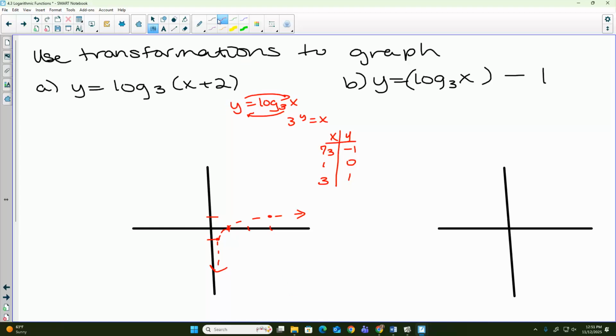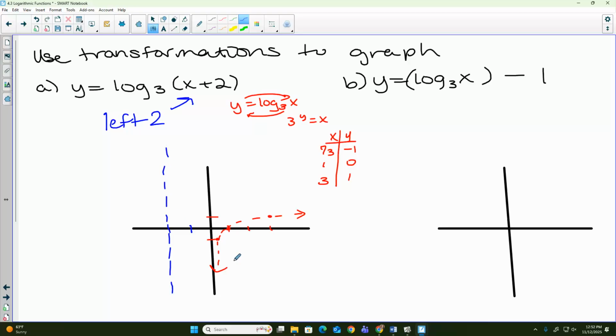What is my transformation here? What does +2 do? Inside is x, does the opposite, so we go left 2. If I move left or right, it's going to move that asymptote with it. I currently have a vertical asymptote at 0, so if I shift left 2, I have to move it to -2. You have to draw in that asymptote.